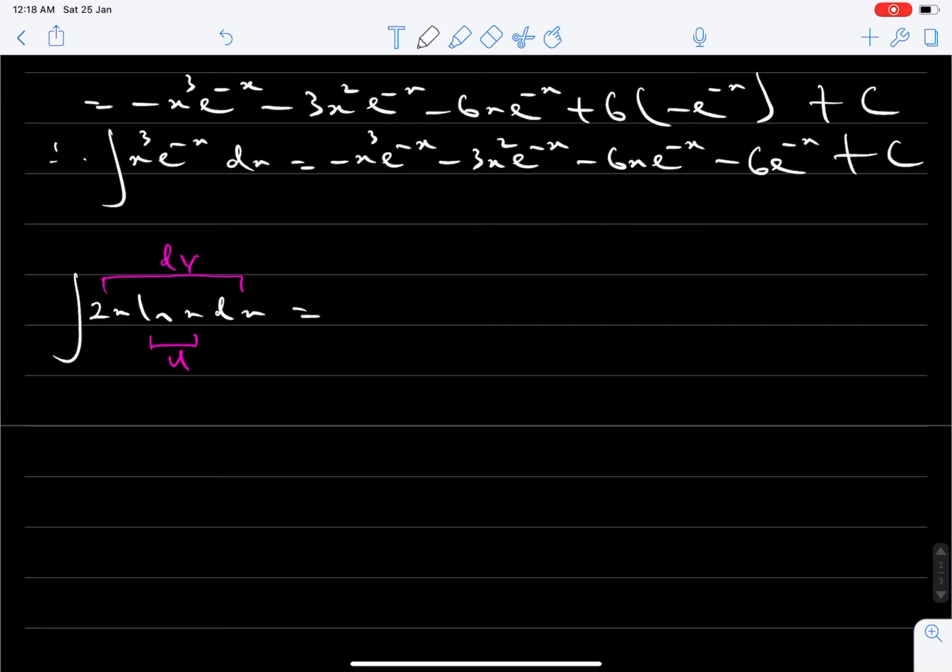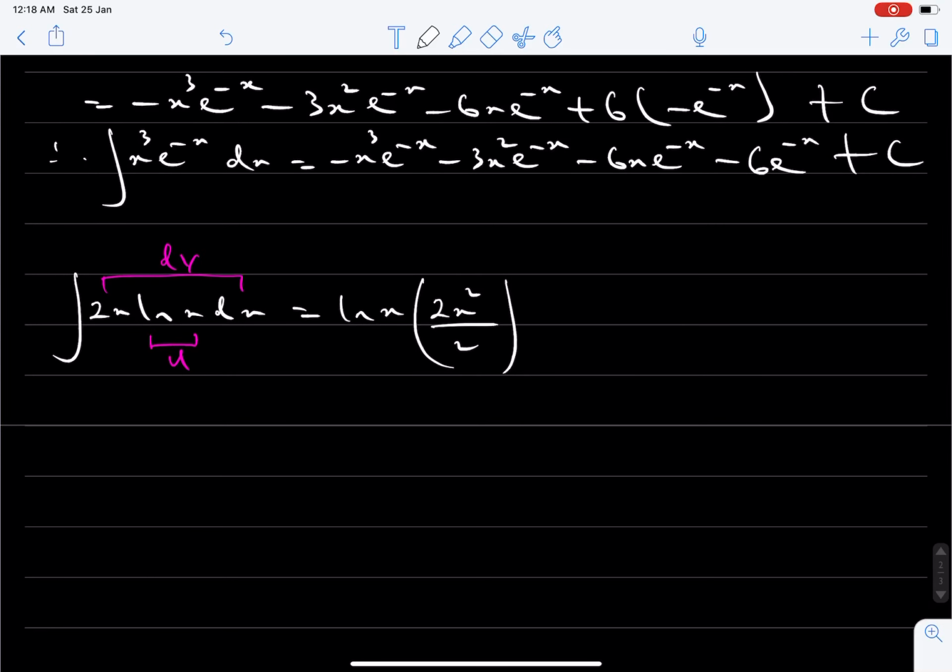Now when we integrate, we have uv, which is ln x times v, the integral of 2x, which is 2x squared over 2, minus the integral of v du, which is 2x squared over 2 times du. Du is 1 over x dx.